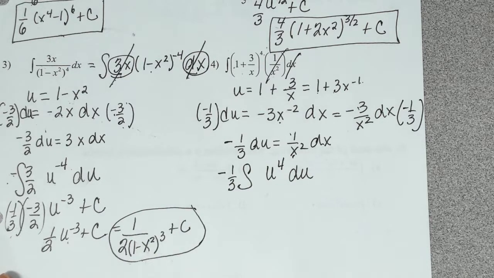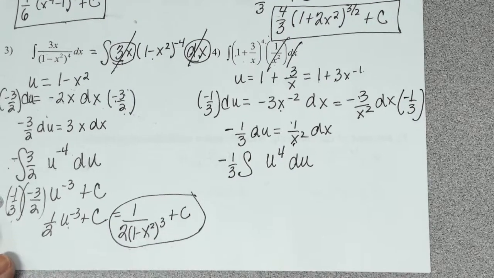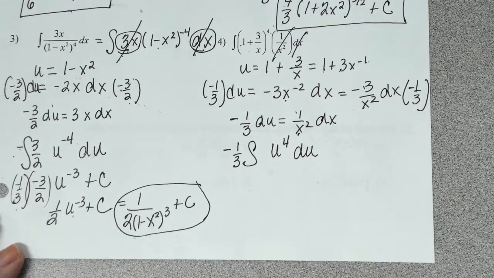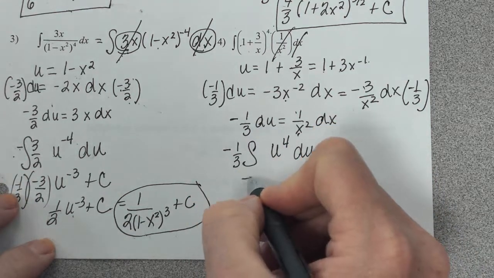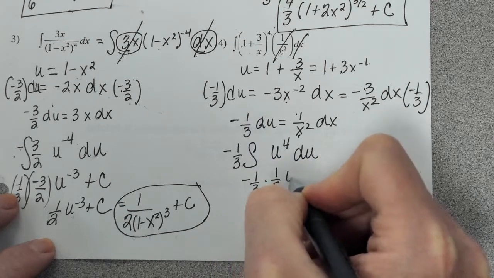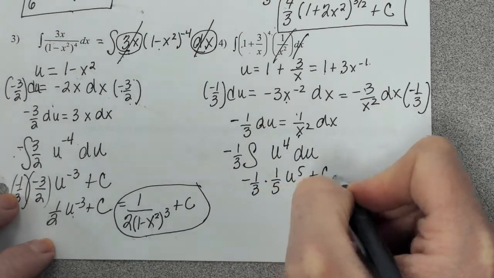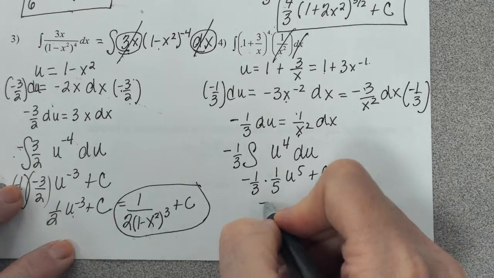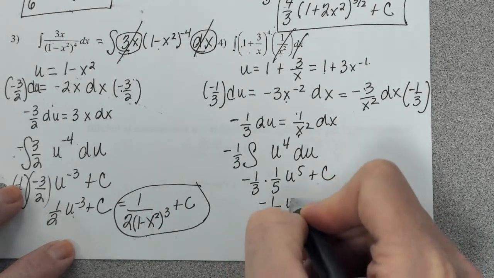Okay, so now let's finish. How do we finish it? Lydia, what's the integral of u to the 4th? Good. So I've got negative 1/3, and she's right. This integral is 1/5 u to the 5th. So now we're going to have negative 1/15 u to the 5th.